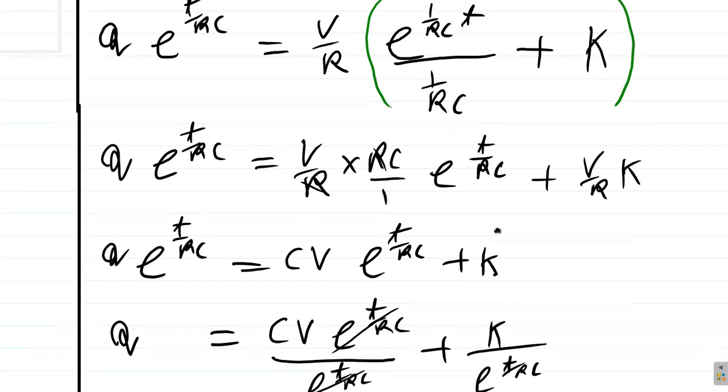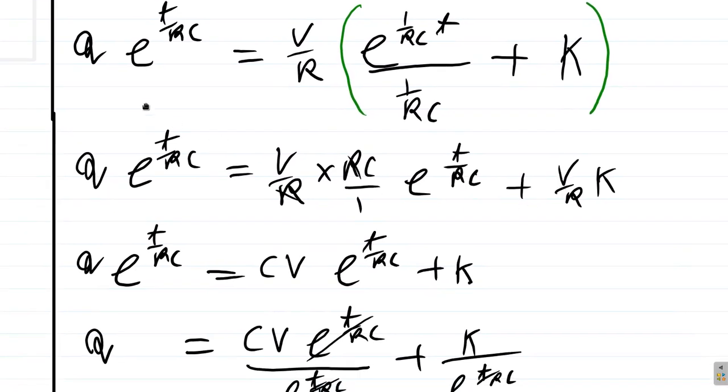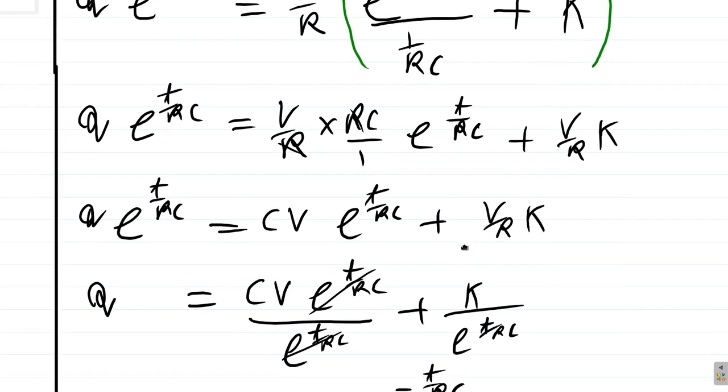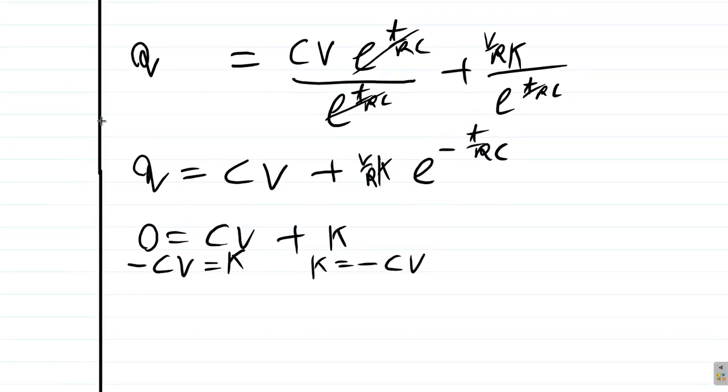The V over R multiplies the entire integral. So it multiplies the function and it multiplies the constant of integration. So I left that out earlier. V over R times K should be K V over R. So that's what I should have. Alright.